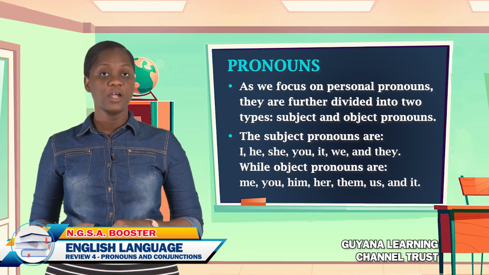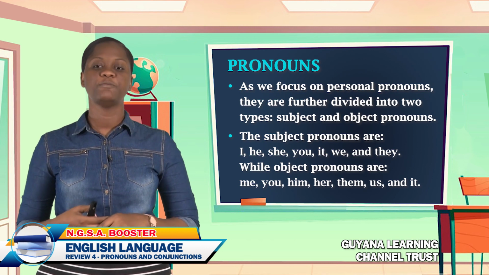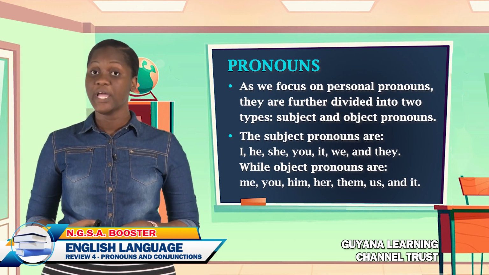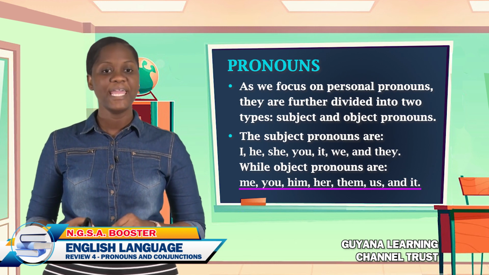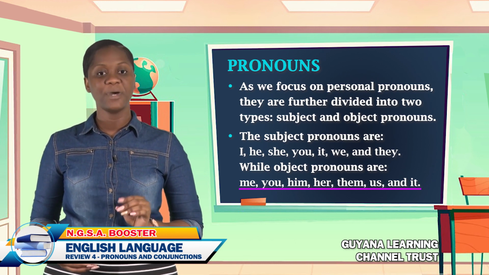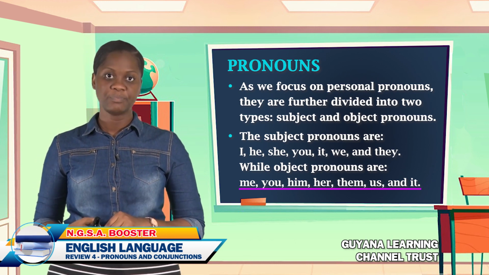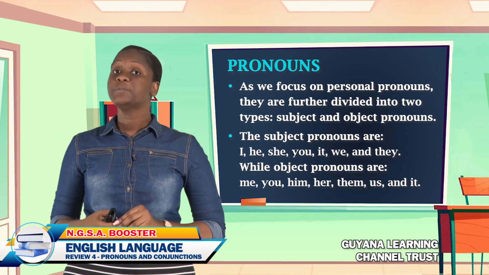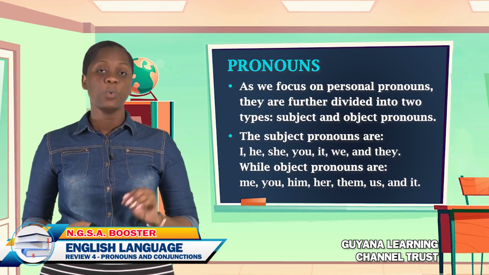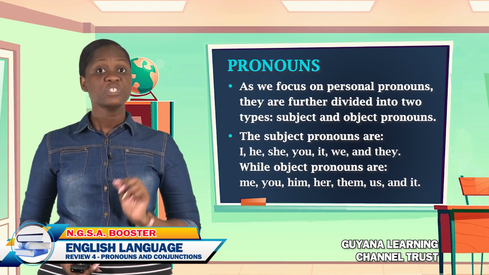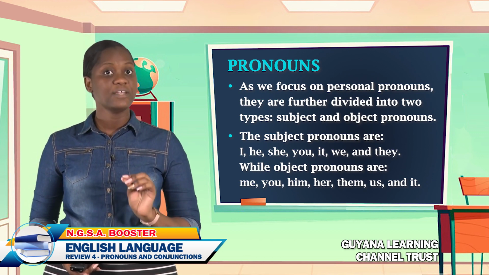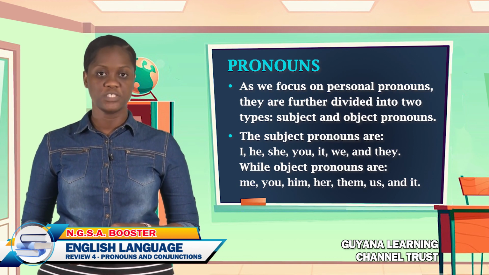And there are object or objective pronouns, which include examples such as me, you, him, her, them, us, and it. However, objective pronouns are used when we're referring to the object in a sentence. So let's get started in these past paper questions.